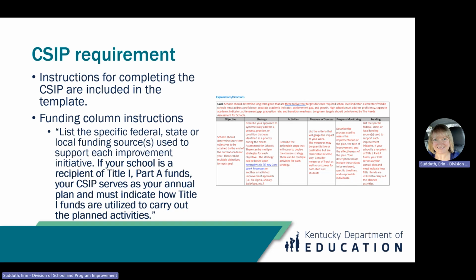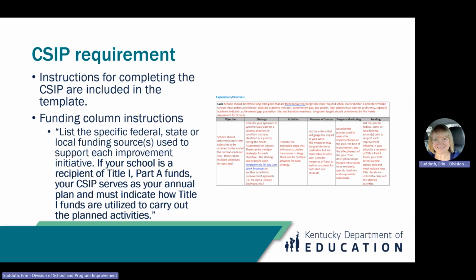I want to draw your attention to those, specifically the sentence that I have highlighted in bold. The funding column instructions state, list the specific federal, state, or local funding source or sources used to support each improvement initiative. If your school is a recipient of Title I Part A funds, your CSIP serves as your annual plan and must indicate how Title I funds are utilized to carry out the planned activities.